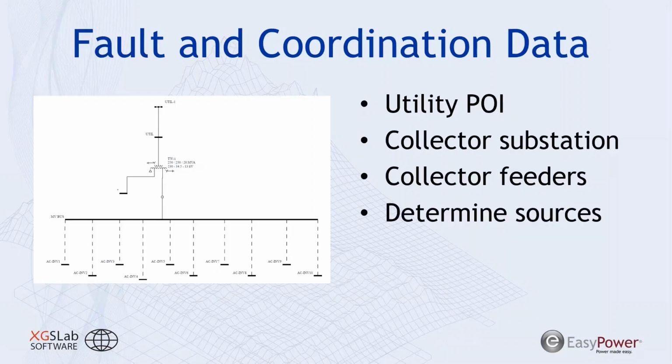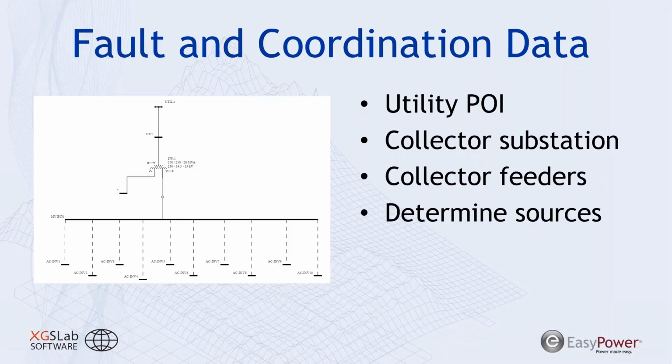So next, we'll talk about our fault coordination data. We really need to have the utility information, understanding how much of the fault could be provided by the utility, as well as understanding the protective system that they're going to be implementing from the utility to the solar site.